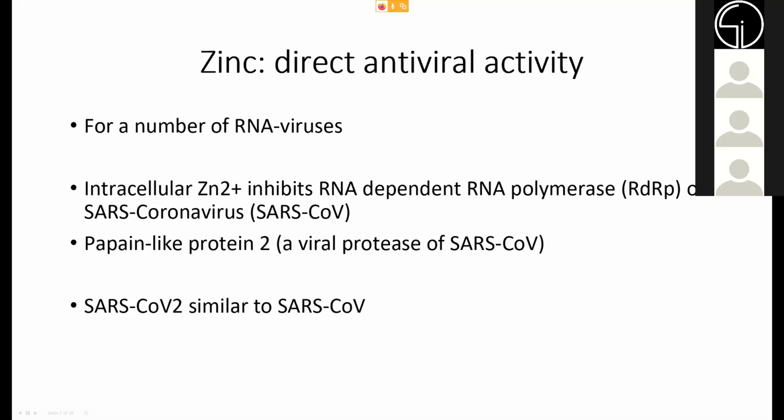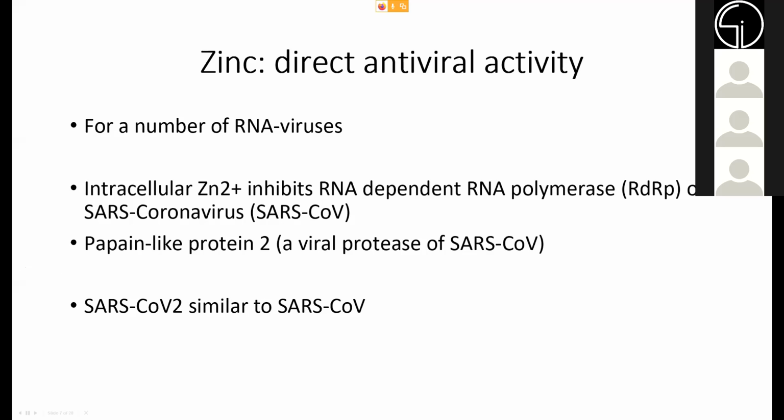Now, apart from the effect on the immune system, zinc also has a direct antiviral activity against a number of RNA viruses. It has been shown that intracellular zinc inhibits the replicase, an enzyme necessary for the replication of the SARS coronavirus, and it also had a very potent inhibiting effect on papain-like protein, a viral protease of SARS-CoV, which is very important for its virulence.